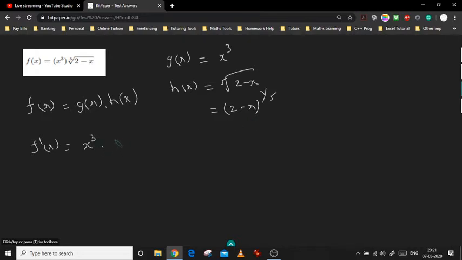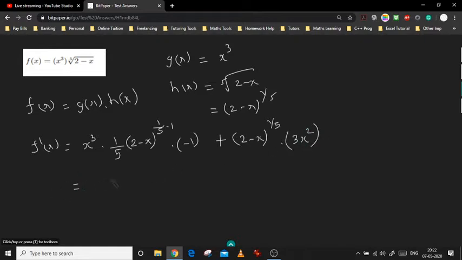I apply the power rule, that is I put the power in front, 2 minus x power 1 by 5 minus 1, and then differentiate 2 minus x as well. Differentiation of 2 minus x gives minus 1. Now, going with the product rule, plus take the second function, 2 minus x power 1 by 5, and differentiate the first one, that is 3x squared, the differentiation of x cube.